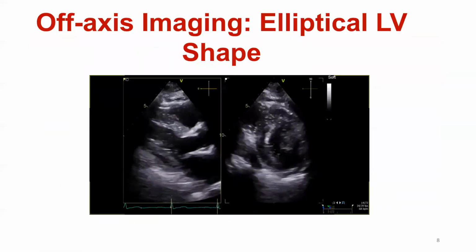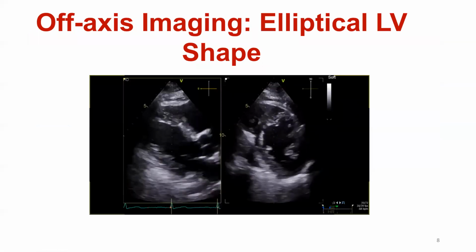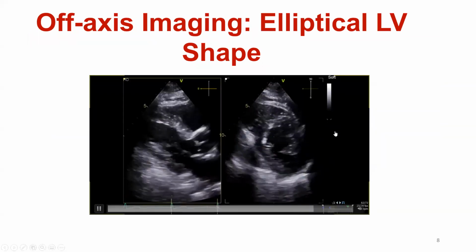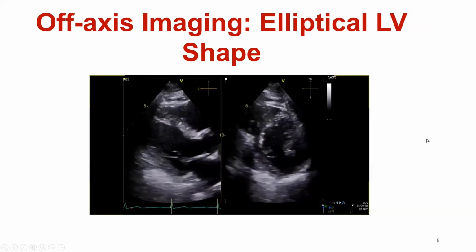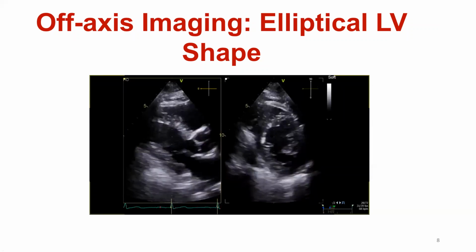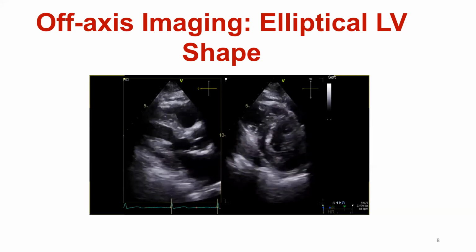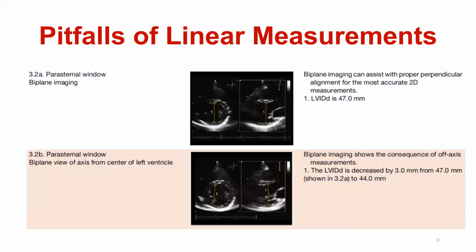Now, if you have biplane available, as most labs do, biplane can be extremely helpful in making sure that your linear dimensions are not obtained off axis. And the next slide will show you some of the issues with making linear dimensions. So again, if you have biplane and you're using it on a regular basis, you can ascertain that your long axis dimension is indeed in the middle of the left ventricle.